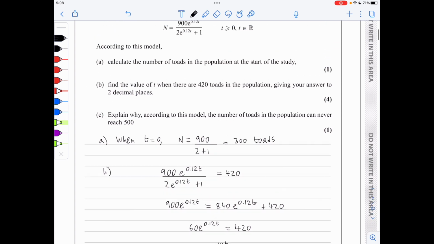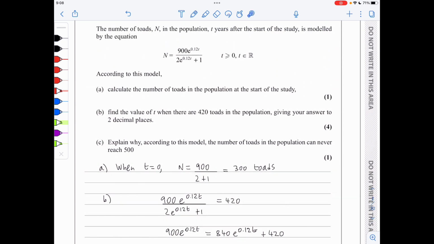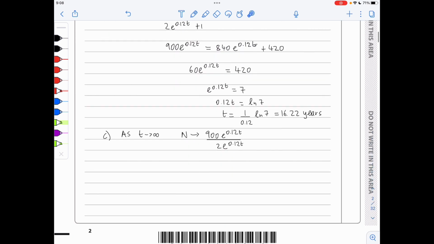In other words, as t becomes larger and larger, these play all the role and the plus 1 is insignificant, so I ignore it. And this is 450, which is the upper limit, and therefore the population can never reach 500.